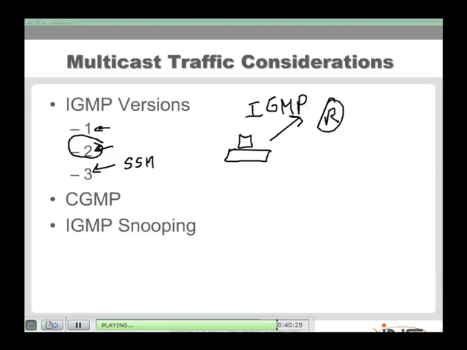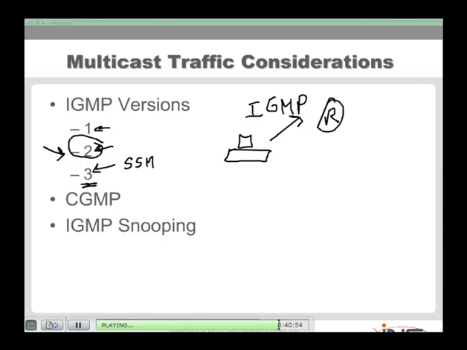So with source-specific multicast, the device can be very, very specific about who it's going to get the multicast traffic from. Like I said, the default version that we have today of IGMP is version 2. We turn on IGMP version 3 if we have a need to do source-specific multicast.